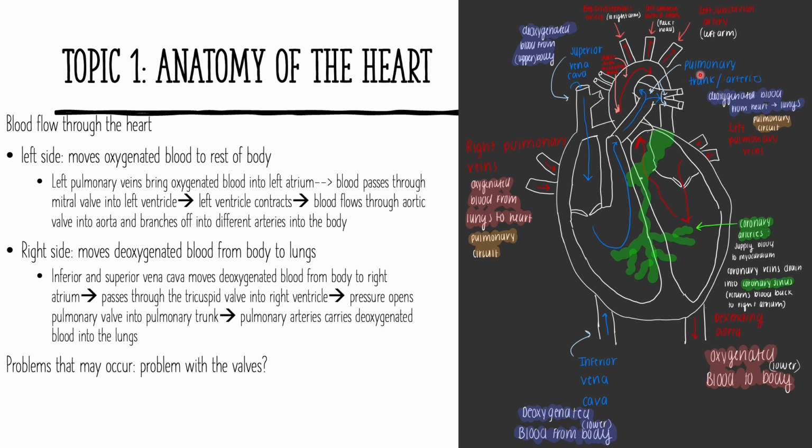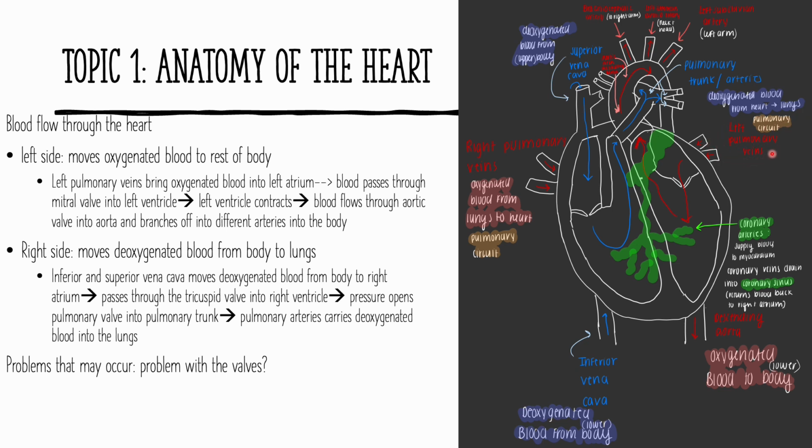So the pulmonary arteries will then carry this deoxygenated blood to the lungs, where that blood will then be oxygenated, and then that blood will flow back to the heart through the left pulmonary veins.